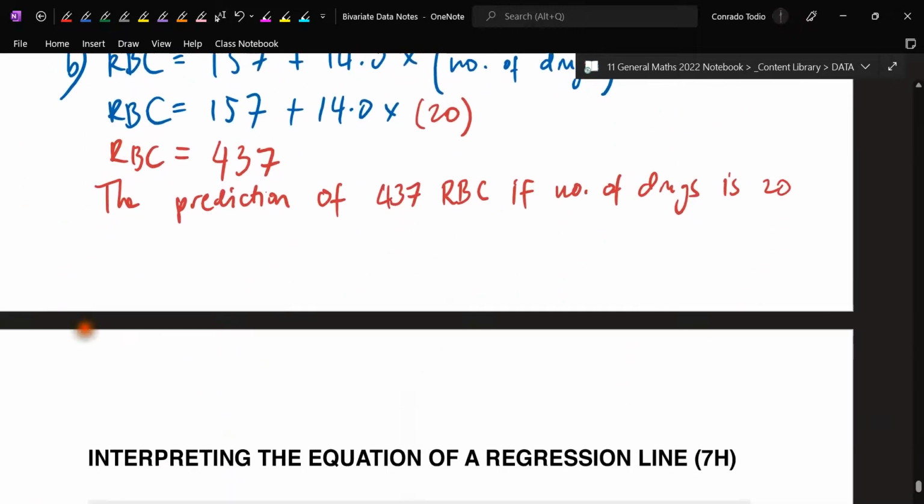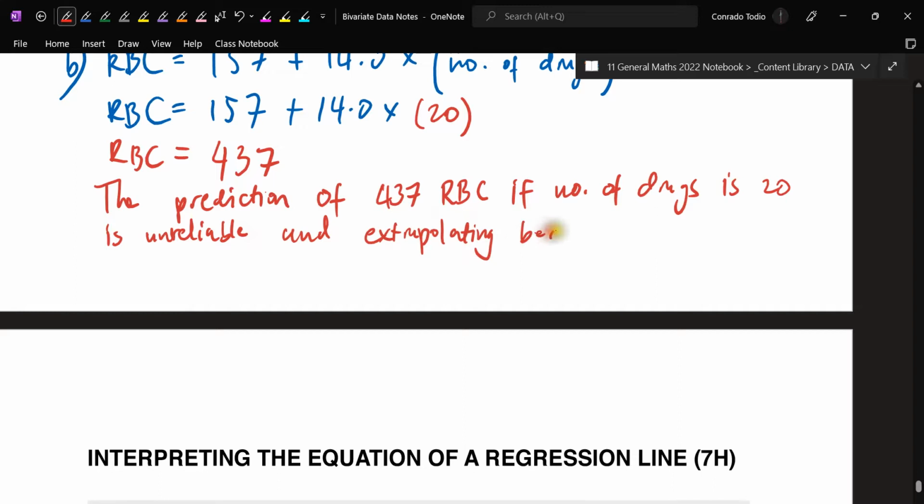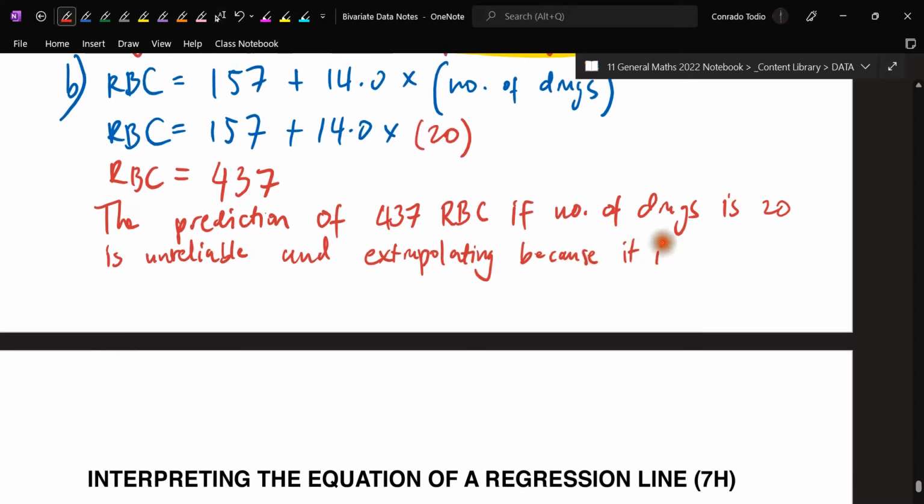So we say is unreliable, and extrapolating, because it is outside of the range.